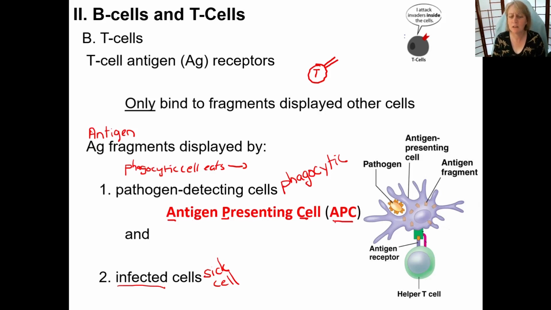I'm going to keep saying the whole name because I think there's a lot of vocab in this lecture, and it's right toward the end of the semester, so things can get a little overwhelming. The phagocytic cell eats something that doesn't belong, displays it, and as soon as it displays it, it presents it to the world. It becomes an antigen presenting cell. And that's something that a T cell can bind with and say, hey, I recognize this as being bad.